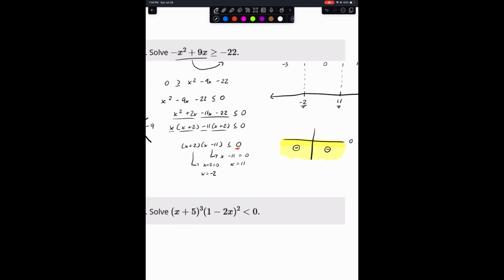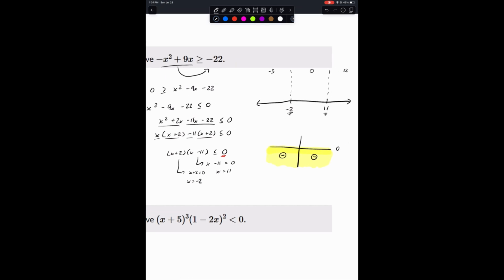If we plug into our factored equation, for negative 3, we get negative 3 plus 2, negative 3 minus 11. This is negative 1 times negative 14, so negative times negative, which means this is a positive region. For 0, we get 0 plus 2, 0 minus 11, which is 2 times negative 11. Positive times a negative gives us a negative.